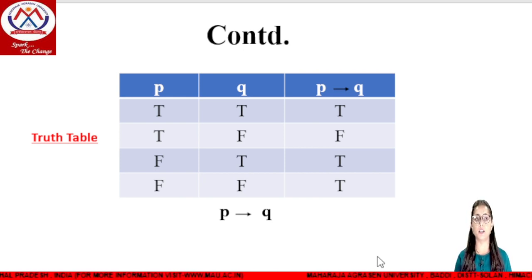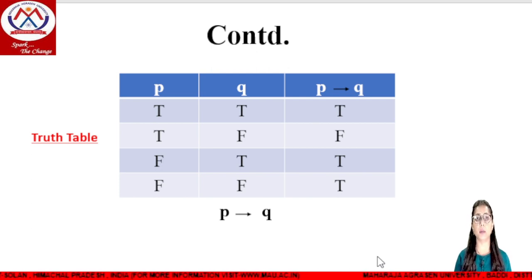But in the conditional statement, we have to take the truth value true if P is false and Q is true. So in the third row, P is false, Q is true, then P implies Q is true. When both statements are false, in the fourth row, P is false, Q is also false, then the truth value is true. When both are true, then true. When the first statement is false and the second is true, then we will take true.